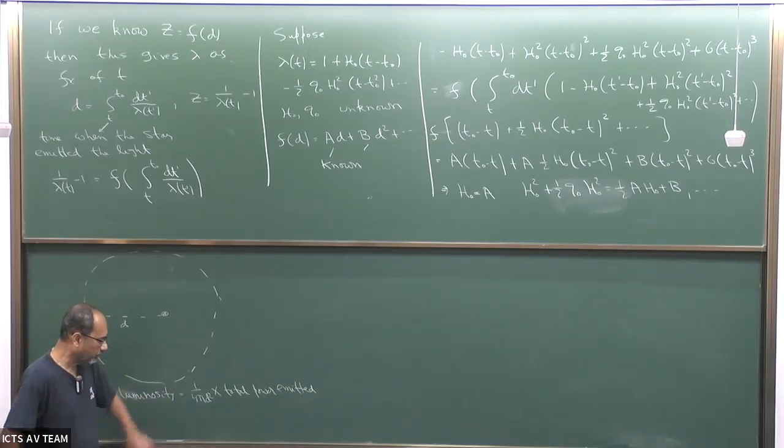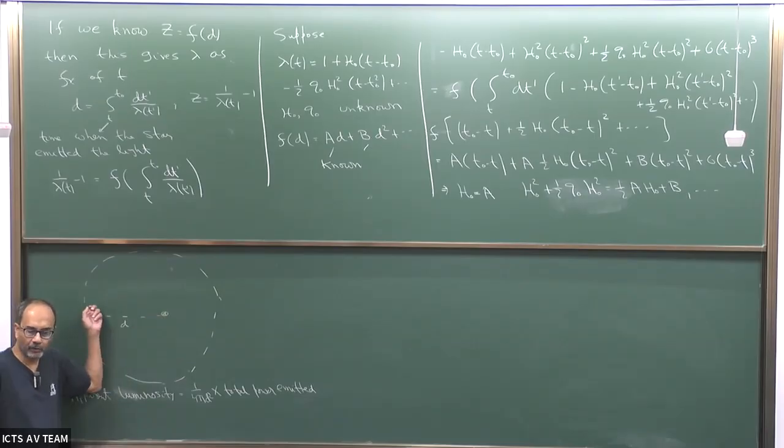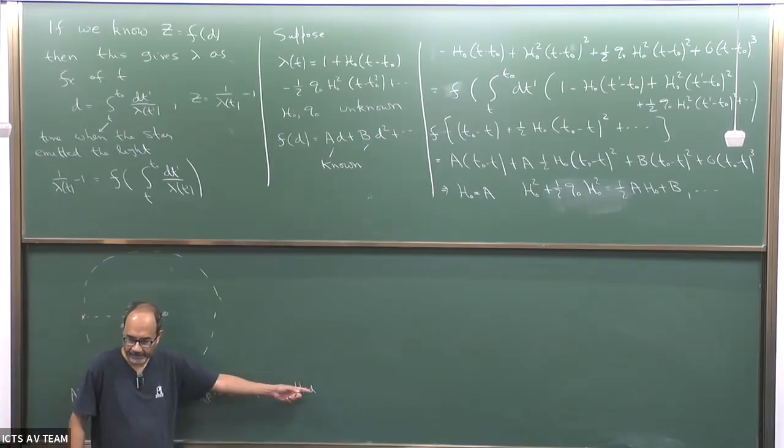But there is also another factor that you have to take into account, because the photons that are emitted with frequency nu are reaching us today not with frequency nu. There is a redshift factor, lambda. We know that the energy of a photon is proportional to the frequency, so if the frequency gets reduced, the energy of each photon gets reduced by that factor. So the apparent luminosity that we will see will also have the lambda factor.